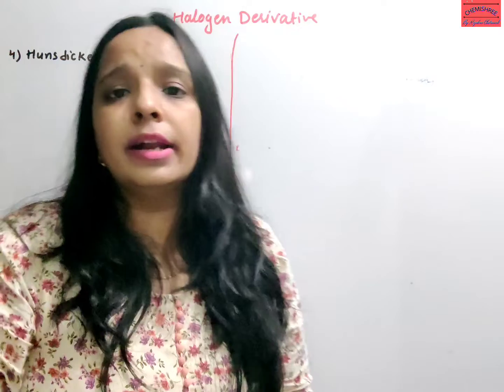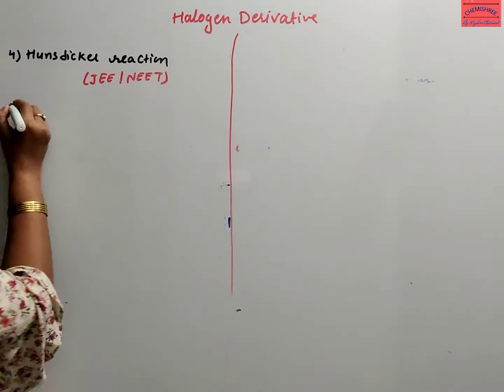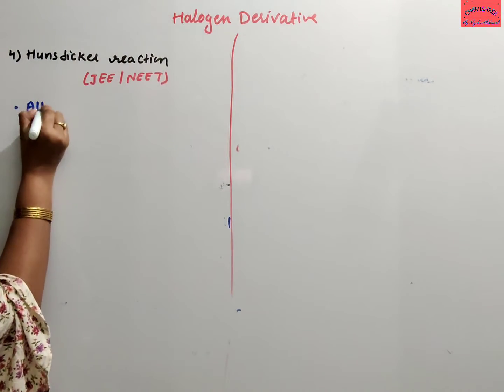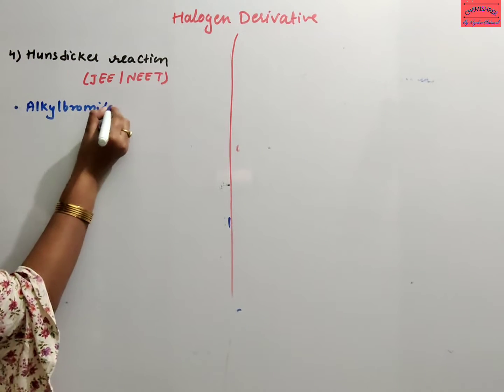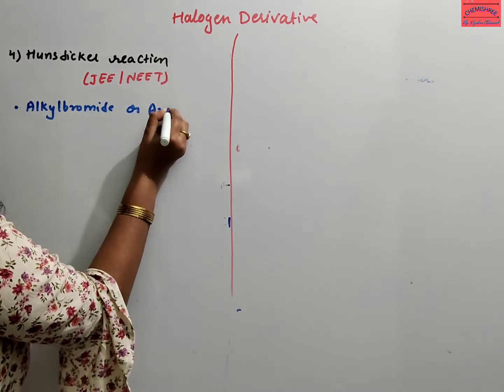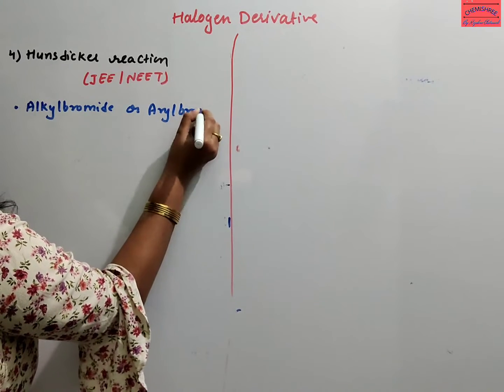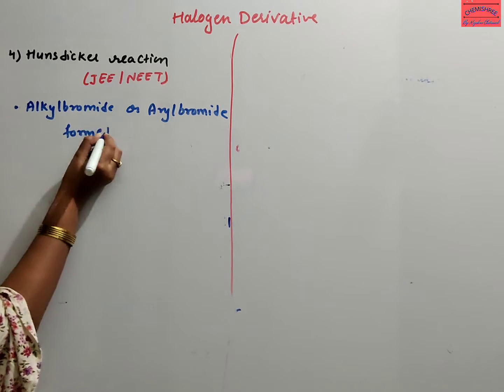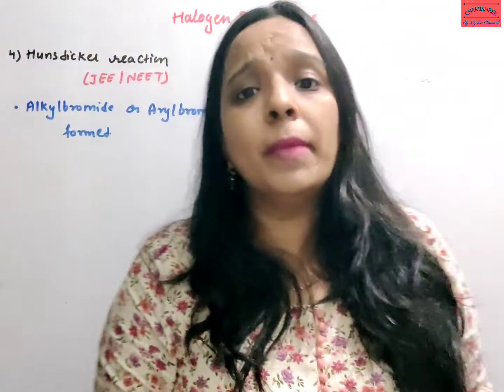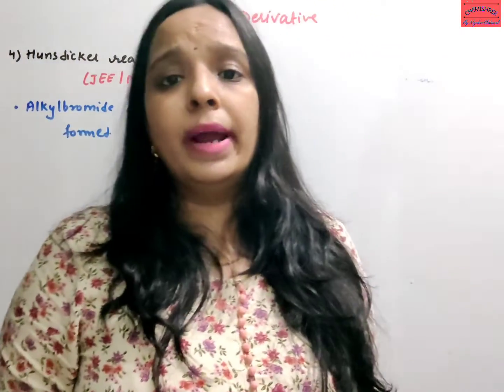In Hunsdiecker reaction, only alkyl bromide or aryl bromide is formed. So this method can be used for the preparation of alkyl bromide also and aryl bromide also.